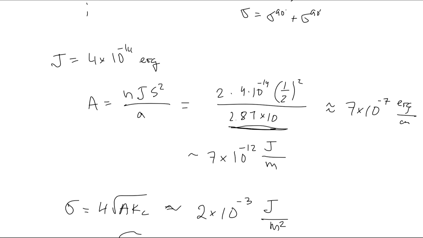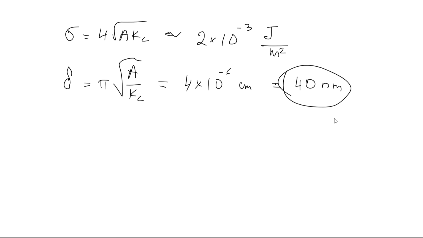Yeah, so angstroms is negative 10 of meters. But we are in CGS, so it's negative 8. That's correct. Okay, so we have on average 3 atoms per nanometer. That means that if you multiply it by 3, that would be approximately 120 atoms thick domain wall.